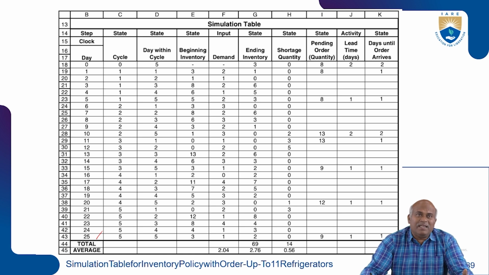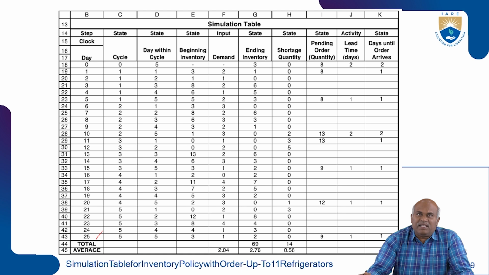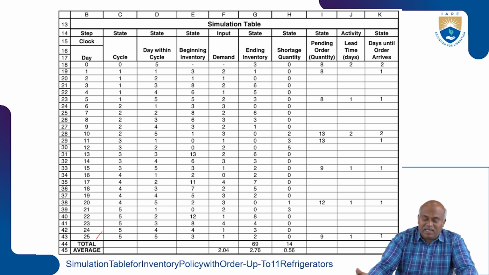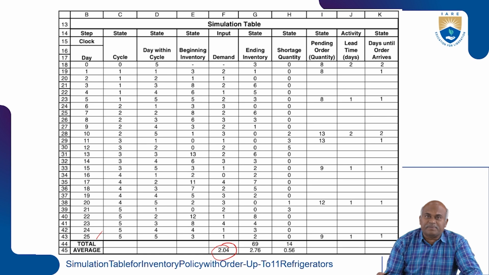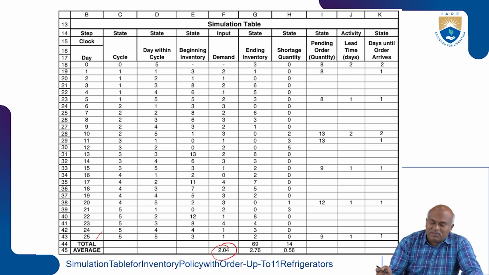Demand depends upon the request: 2, 2, 2, 1, 2, 1, 2, 3, 2, 3, like that we put the demand. Then we calculate how much demand is going to happen. Then after the inventory ends, after it is completed, how much cost is there. That also we measure.